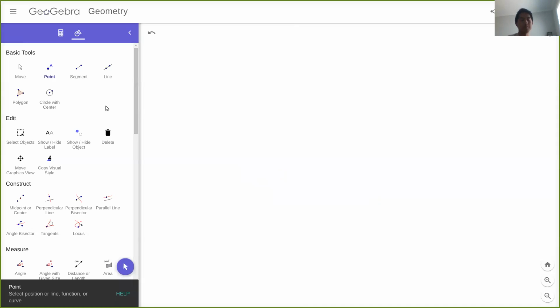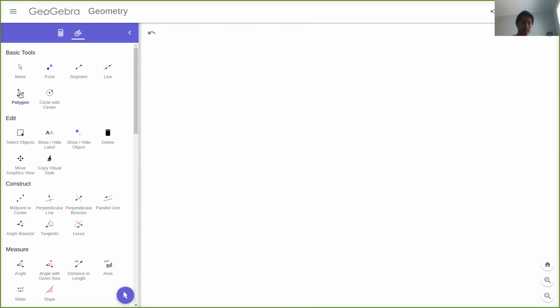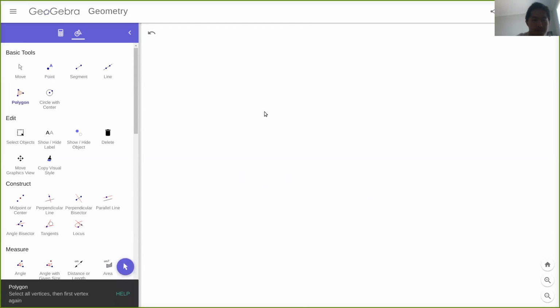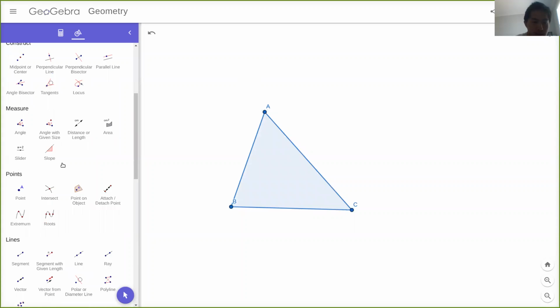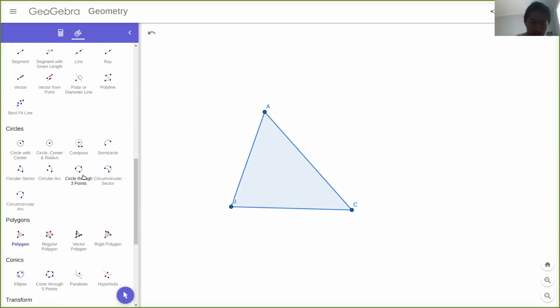Another thing we can do with cyclic quadrilaterals is prove things about lines. So here's a cool problem. Starting with triangle ABC again.